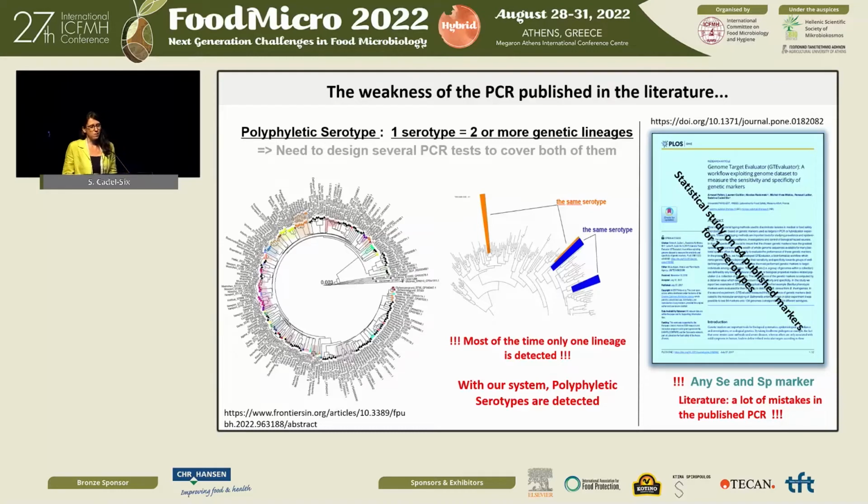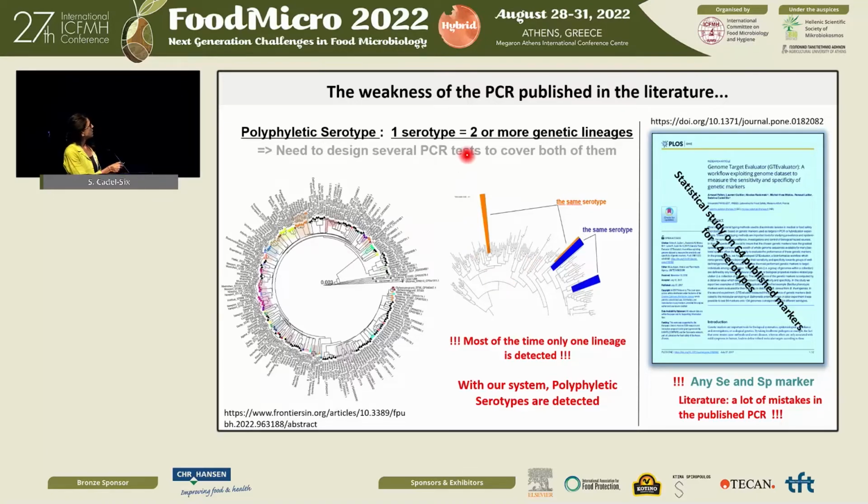We made a deep phylogenetic analysis of more than 600 genomes of Salmonella, and we were able to describe polyphyletic serotypes. What are they? A polyphyletic serotype includes 2 or more genetic lineages.